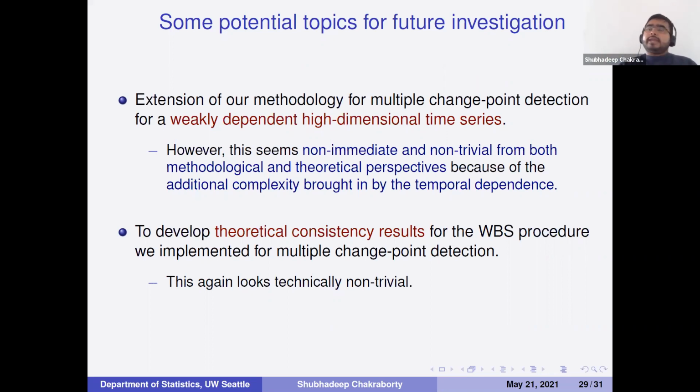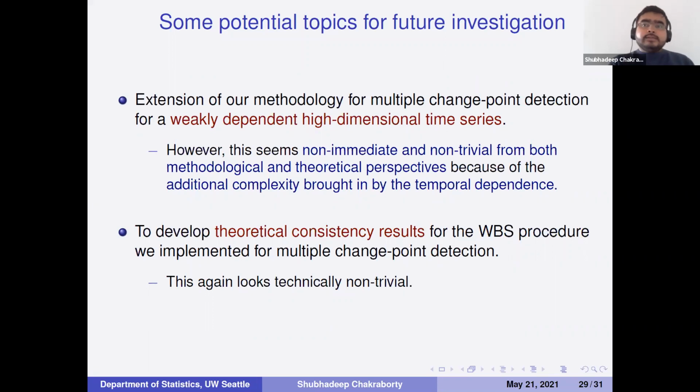This again looks technically non-trivial, because in the 2014 Annals paper by Fryzlewicz, where he came up with the idea of WBS, he proved consistency results for the wild binary segmentation procedure, but that was in the context of detecting a mean change, and that too for a univariate sequence of observations. So extending that to the high dimensional framework and for detecting general distributional changes doesn't look quite trivial.